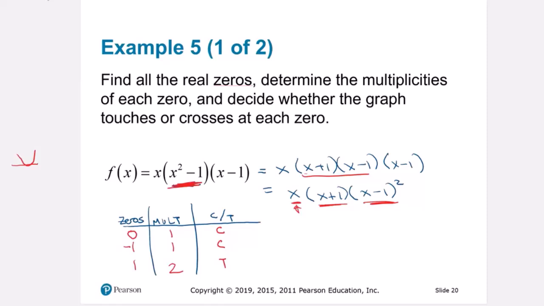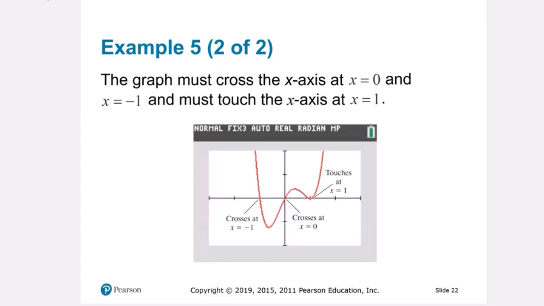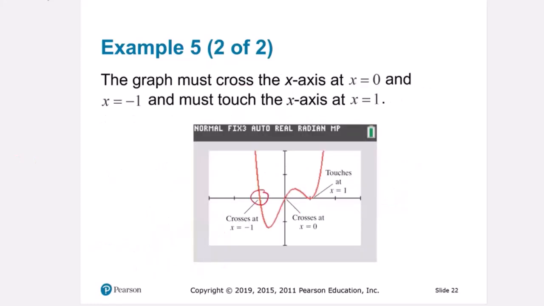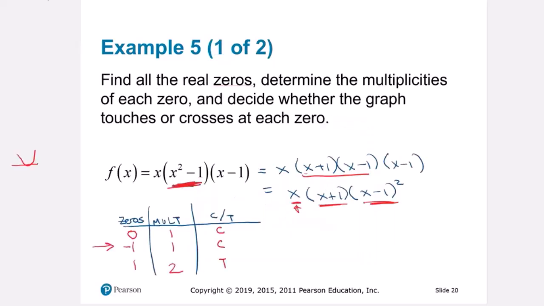It did not say to graph it, but let's look at what it's doing. We have our first 0, the most left 0 is at negative 1, and it should cross through the x-axis, and it goes through. Then we have 0 happens at 0.